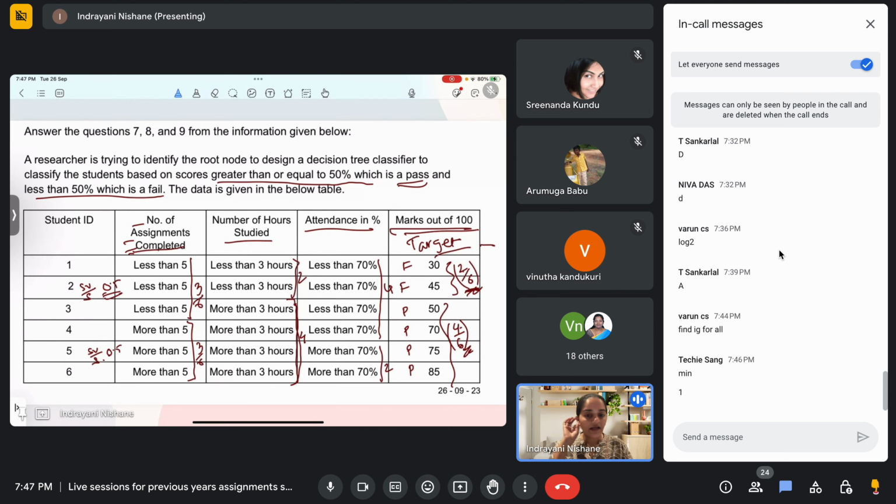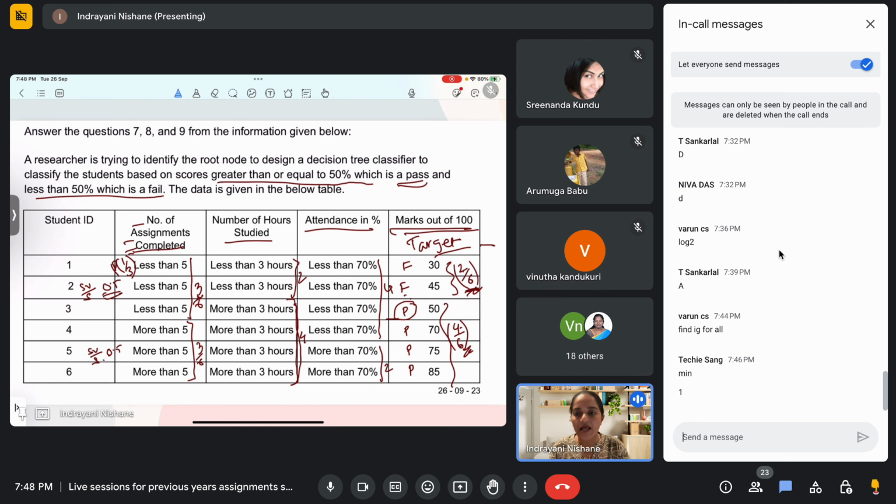Now comes the tricky part: how we calculate the probability to be used for entropy. We will see, out of these 3, how many are going to fail and how many are going to pass. Out of these 3, only this one passes, so the p value for this group is 1 by 3.